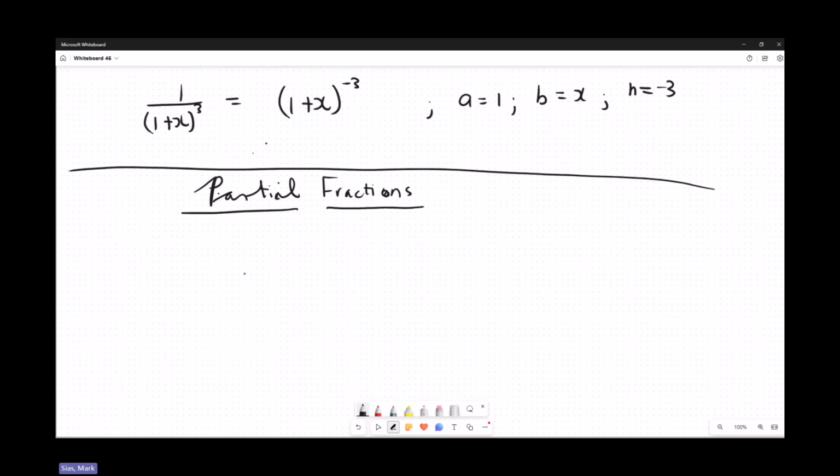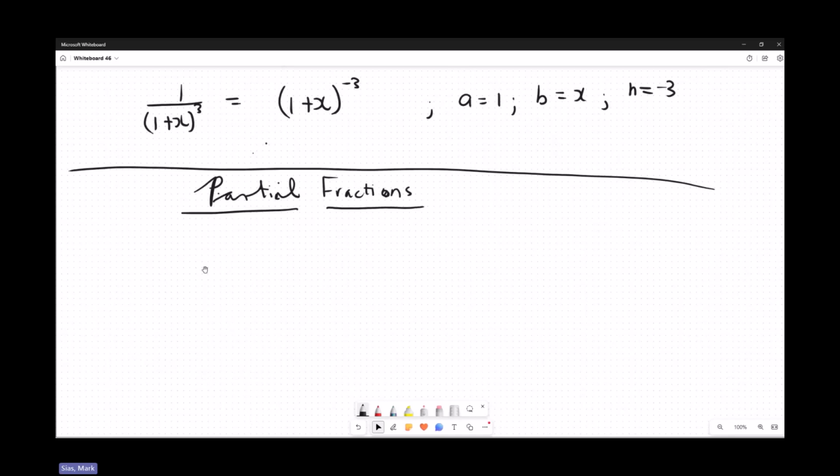For the first case, there are some categories of partial fractions they want you to consider. In your guide, I will get the correct page for you now. I'll share the screen with you, and then we will look at maybe two problems at least. But I'm happy that you asked this question.